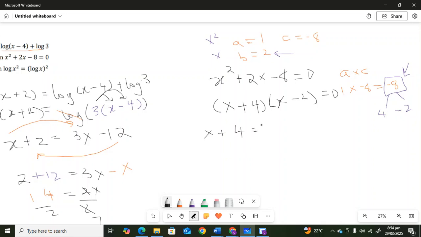You take 4 to the other side, x becomes negative 4. So x equals negative 4. Or x minus 2 equals 0. You take this negative 2 over the other side, it becomes positive 2. So x equals 2. Okay, so these are your solutions: x equals negative 4 or x equals 2.